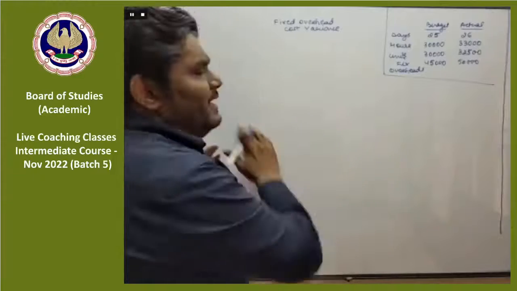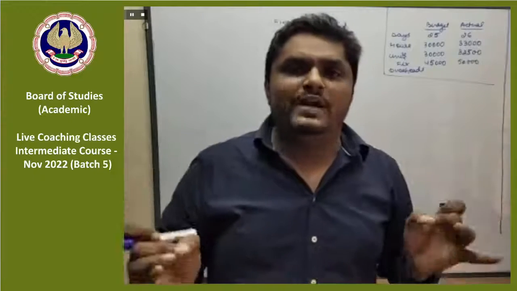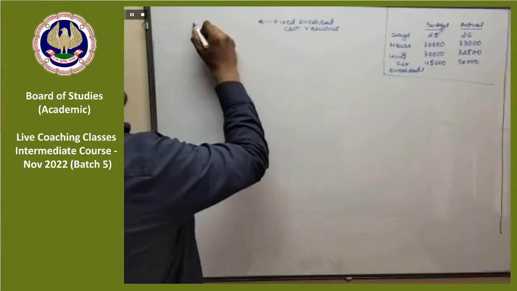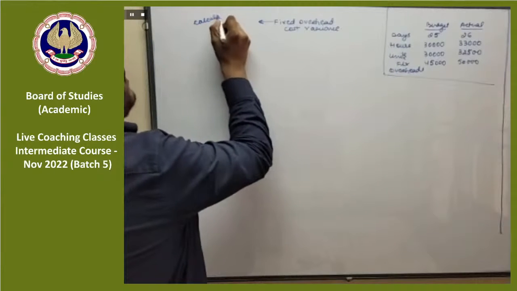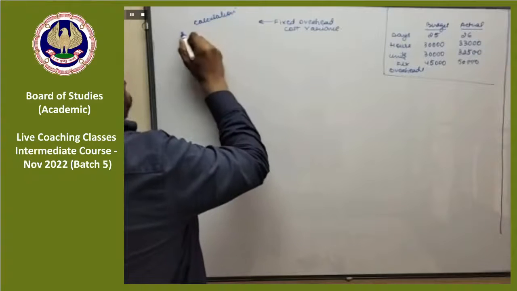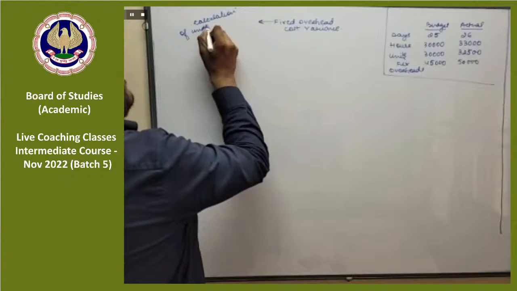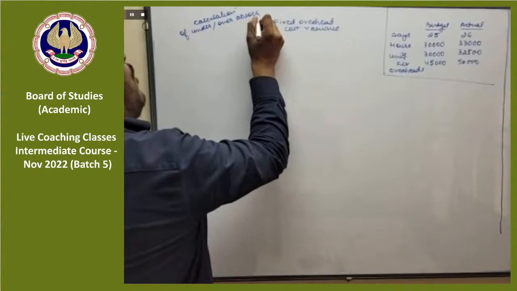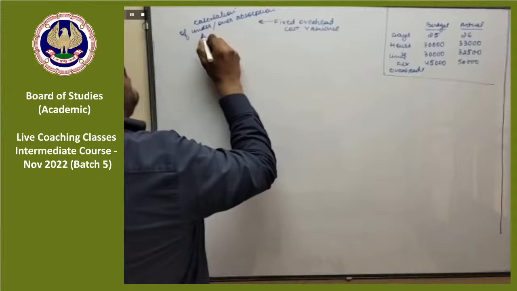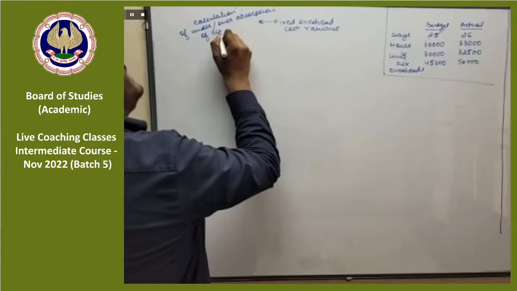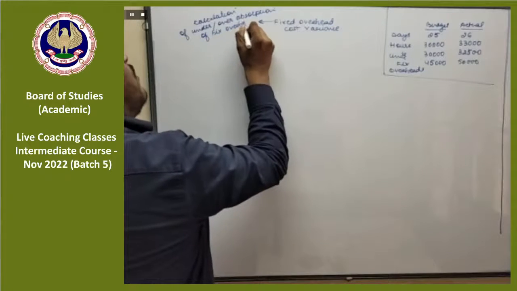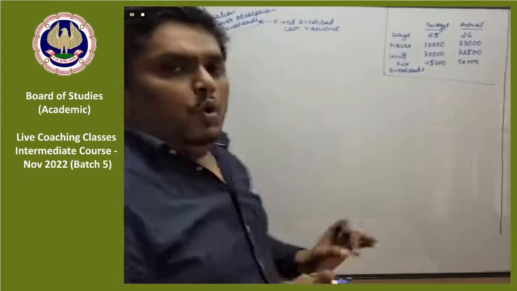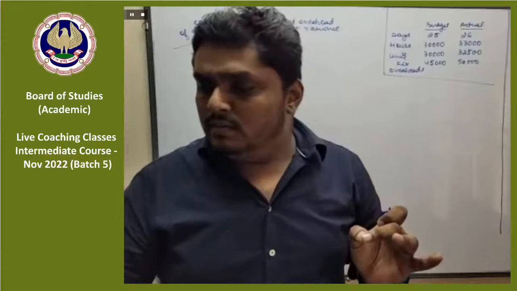I repeat again, this calculation of fixed overhead cost variance is calculation of under or over absorption of fixed overheads. Very simple, guys.